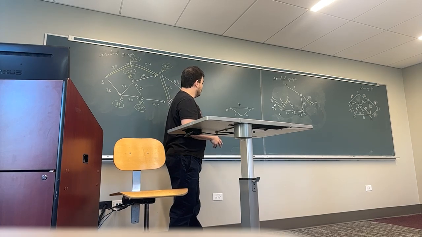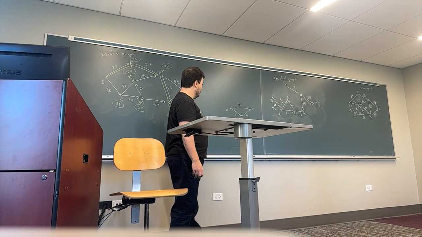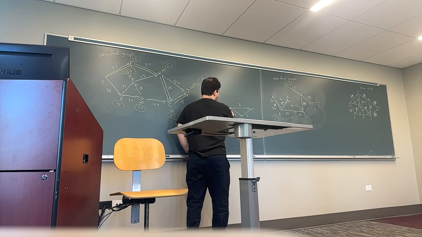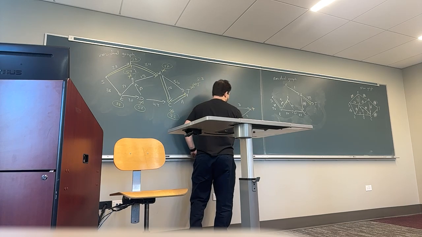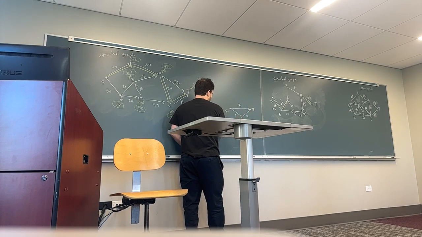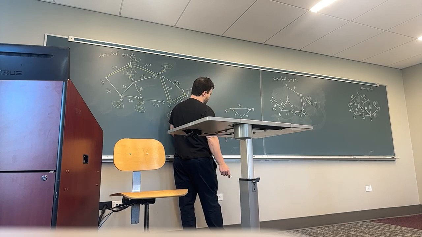So if you're doing the flow problem, and this is S and this is T, if you first pick this as your smallest flow, then the answer will be, I think this works.